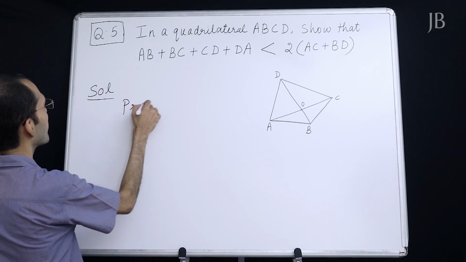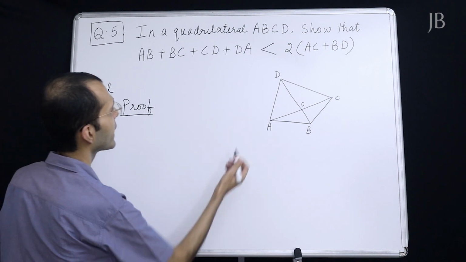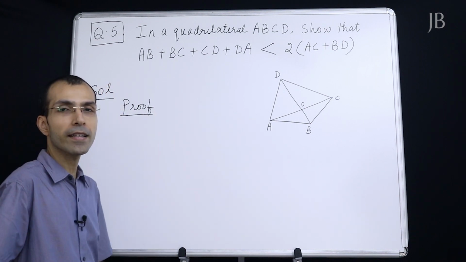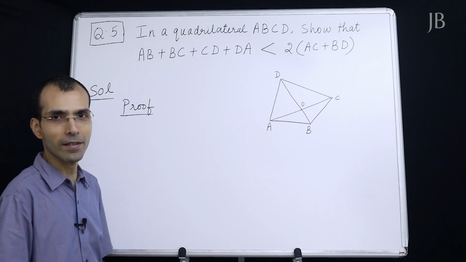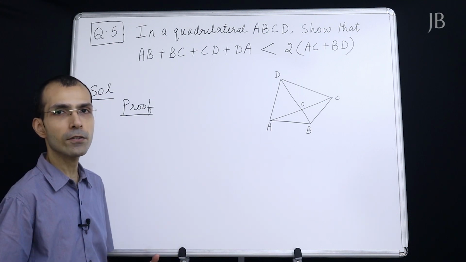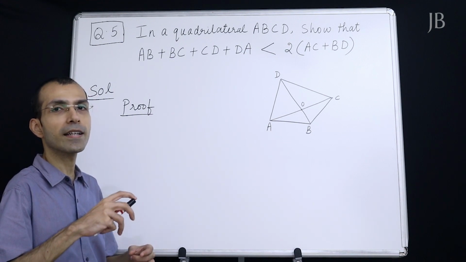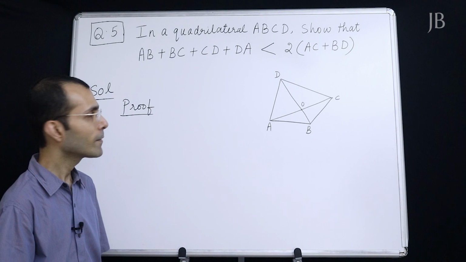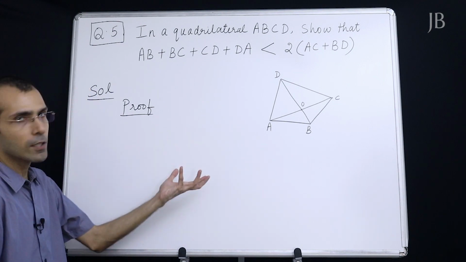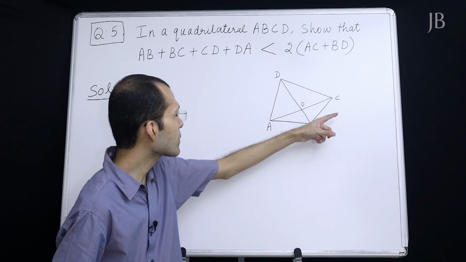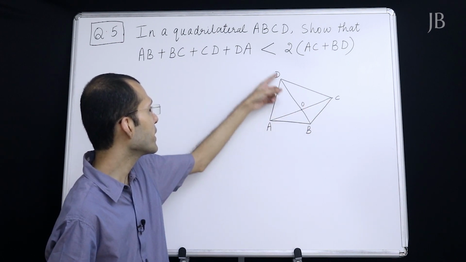Now here no information is known about the angles and all. That means most probably the triangle inequality will come in the picture. That is, the sum of any two sides of a triangle is always greater than the third side. Fine. So let us see how to start now. We can see so many triangles: DOC, COB, AOB, DOA.